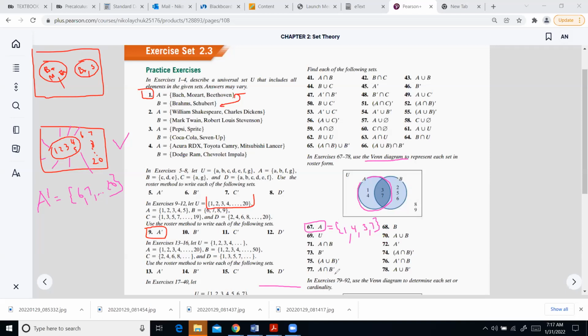What does this symbol stand for in exercise number 70?